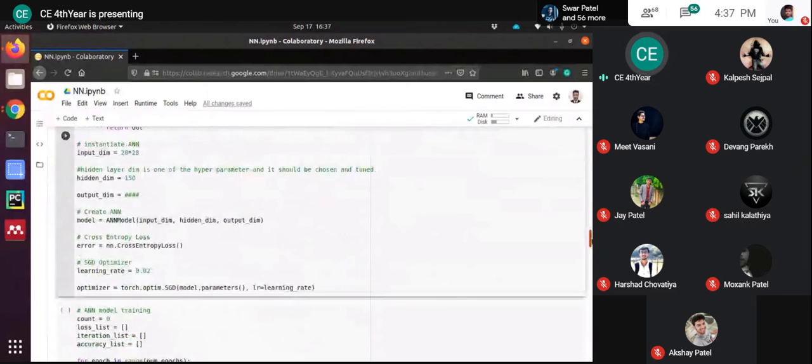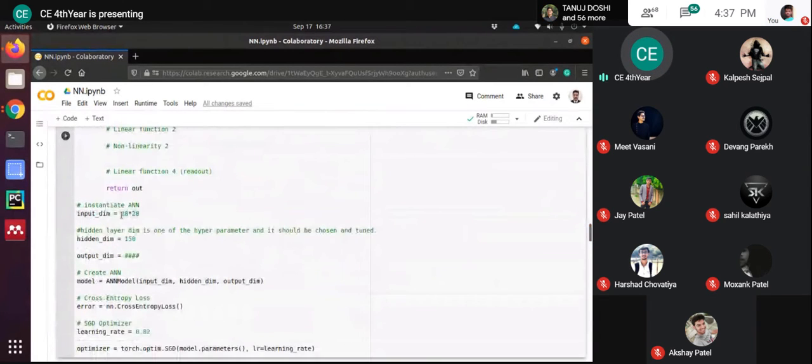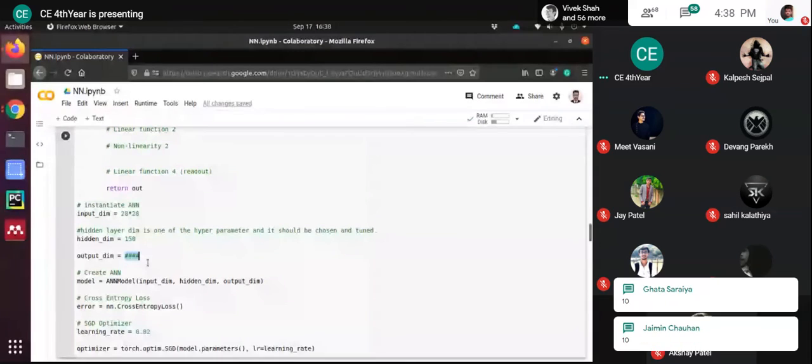Okay, so it is mentioned over here. Fine, so just note this down. Input dimension, that is our image size. Hidden dimension 150. Output dimension. What will be the output dimension? 10. Right.